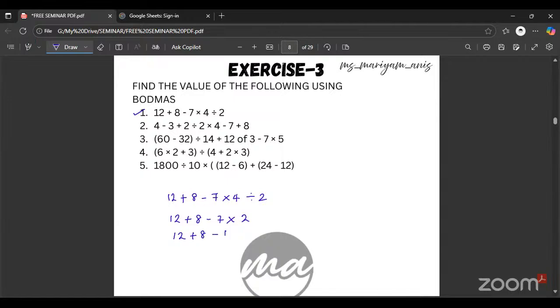14. After multiplication, we have addition. 12 plus 8 is 20. Then we have the subtraction. 20 minus 14 is equal to 6.